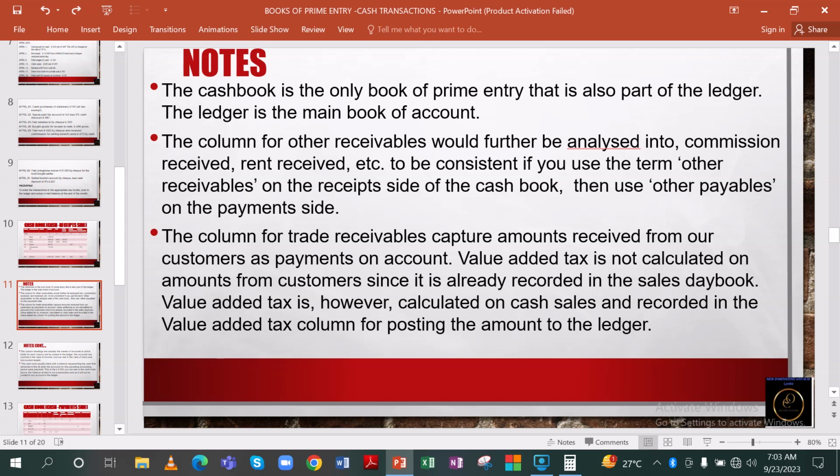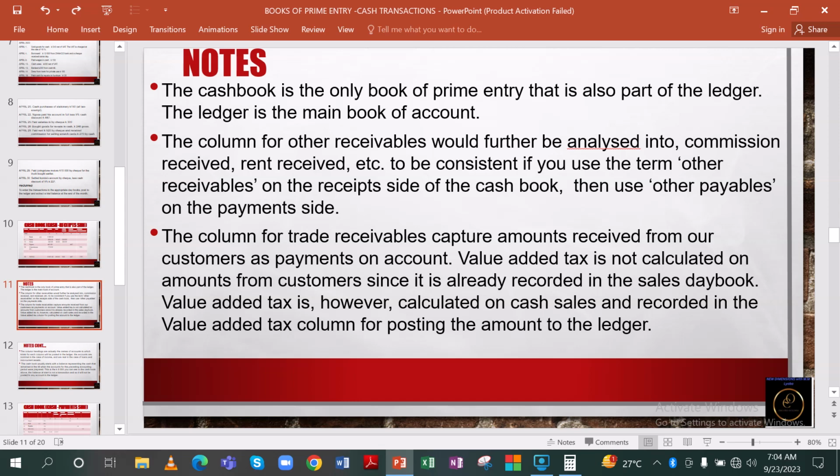The column of trade receivables captures amounts received from customers as payments on account. Trade receivables are accounts for debtors. So if there's a receipt indicating some amount from trade receivables, it means that the debtor who was supplied goods or services on credit has finally paid.